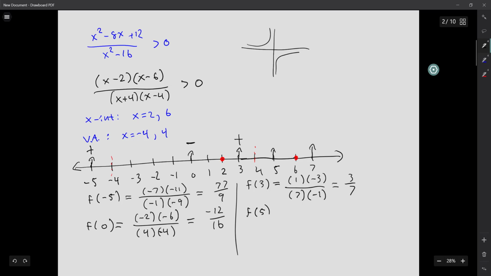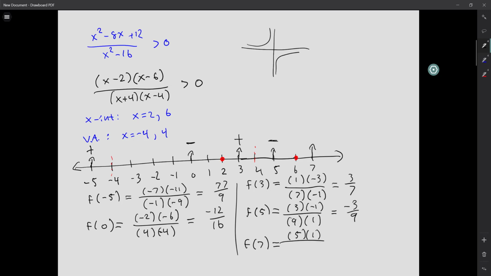Plug in 5. We'll get 3 times -1 over 9 times 1. That's a negative number. And lastly, 7. F of 7 will give me 5 times 1 over 11 times 3, which is positive.